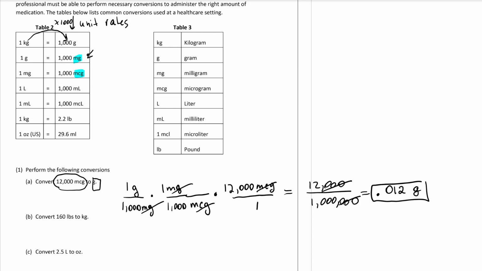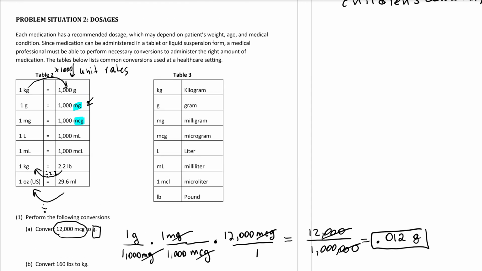So when you go from left to right, from where the 1 is, you multiply by 1,000. If you go backwards, you divide by whatever the number is. So for instance, if you want to convert from pounds to kilograms, you're going to divide by 2.2. For example, 4.4 pounds will be 2 kilograms. You divide by 2.2. That's a great way to do these questions.